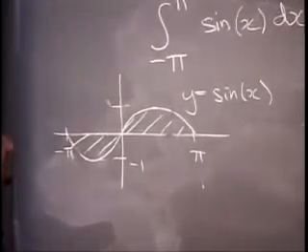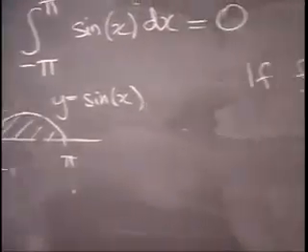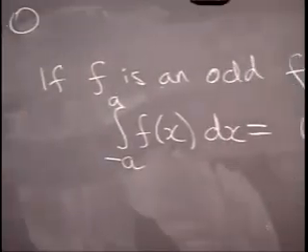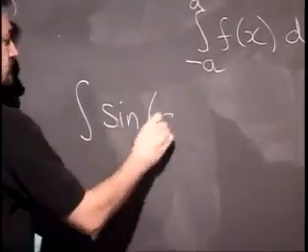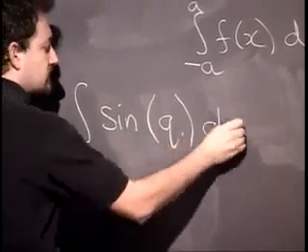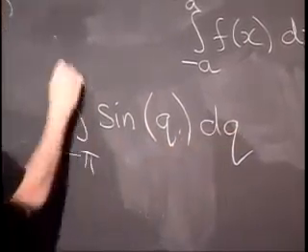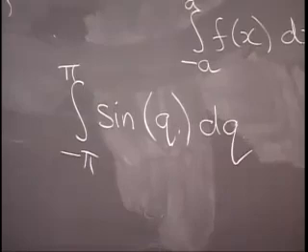Good. One other little comment before I get on to the actual definition. And here it is. What is this integral? Integral of sine q dq from minus pi to pi.